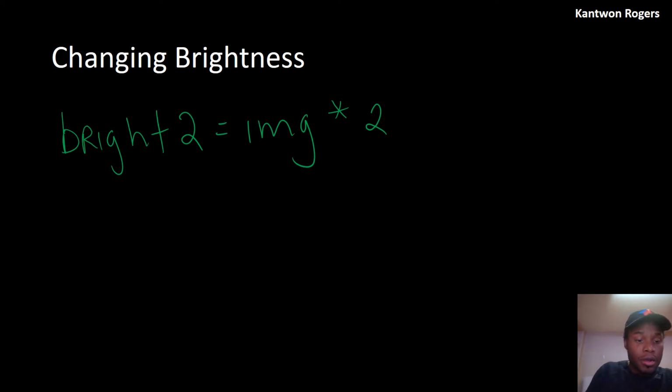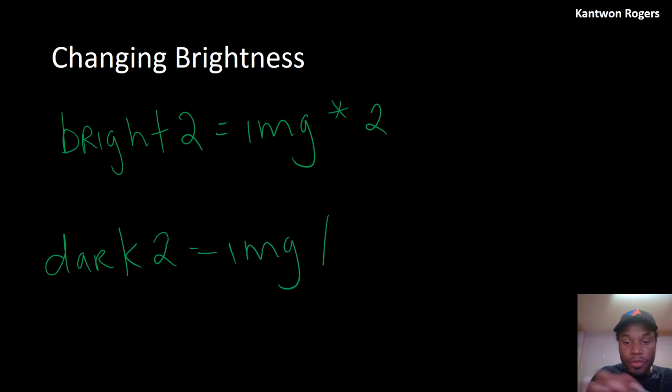If we wanted to make it darker by a factor of 2, we can take our image and divide it by 2, right? This is going to bring all the values down closer to 0. So in this case, it's going to be darker. And I can also do this by adding or subtracting as well, but by changing the values to be larger or smaller, I'm changing the overall brightness of my image.